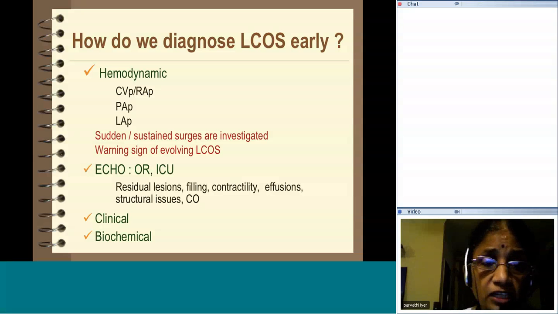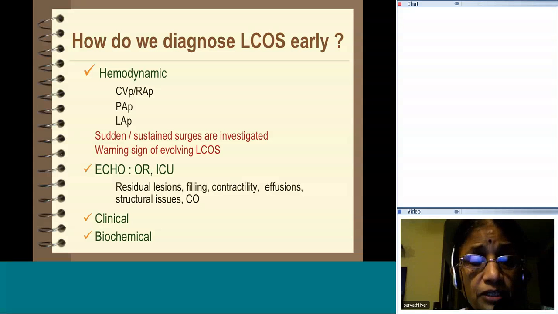Some units cite a right atrial pressure line, then you need to monitor serial right atrial pressure. Some units cite a pulmonary arterial line, then you can measure the ongoing continuous direct measures of pulmonary artery pressure and left atrial pressure. Sudden surges, sustained surges need to be aggressively investigated. They are all warning signs of evolving low output.